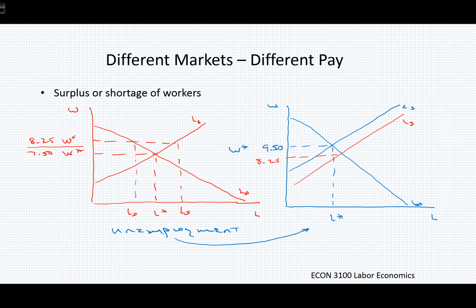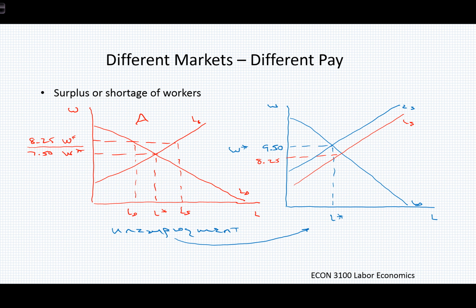So what we see here is a couple of things take place. We see in an initial market, let's call it market A, that an equilibrium wage of $7.50 was trumped by a wage floor of 8 1/4. That caused labor demand at that wage to be less than labor supply at that wage, which means we have some surplus of workers, yielding some unemployment.